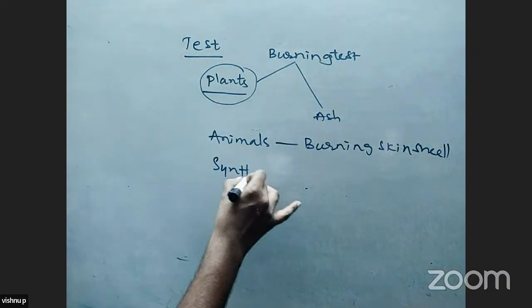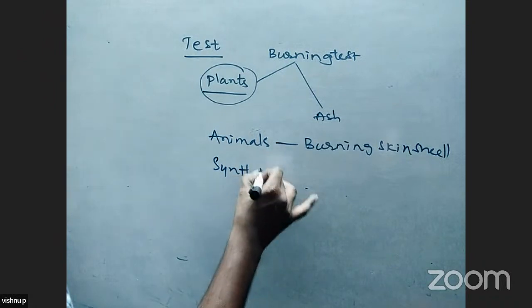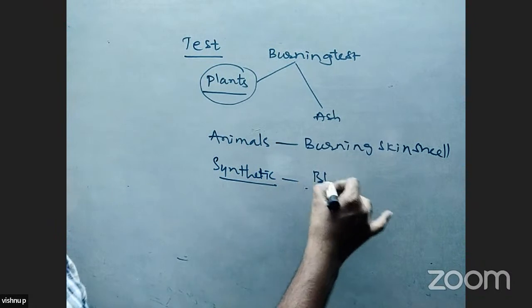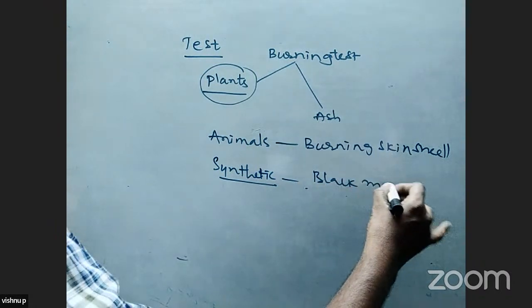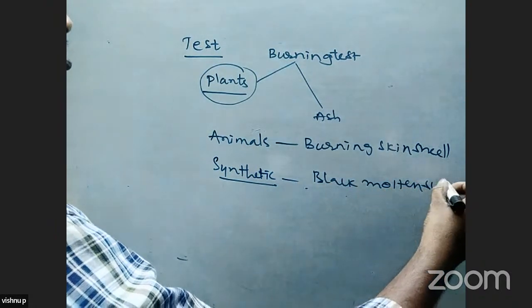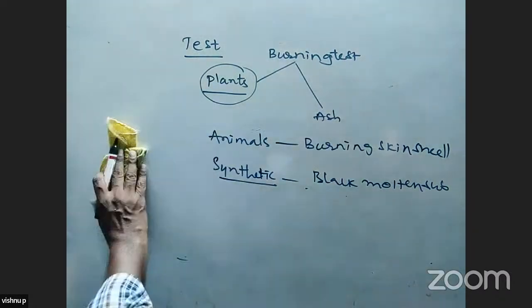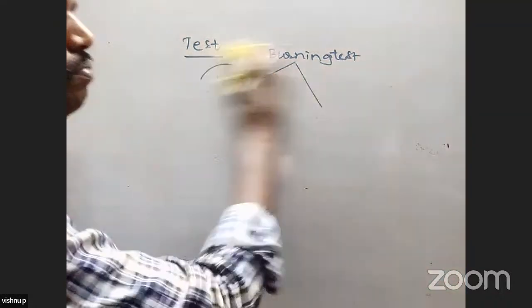Synthetic polymers, which are prepared in industries, give a black molten substance. This indicates that the polymer is prepared in laboratories or industries. So this is the burning test for polymers.